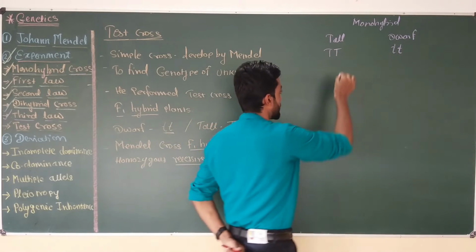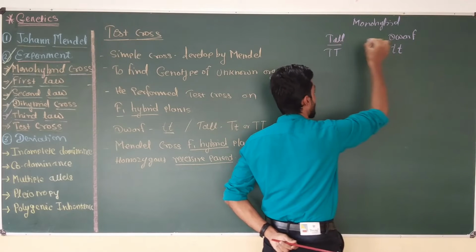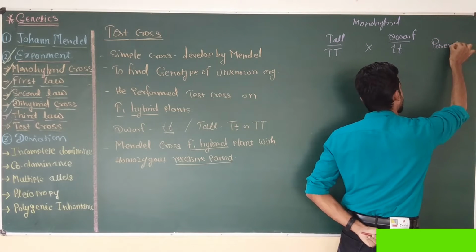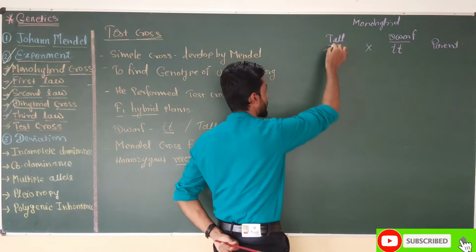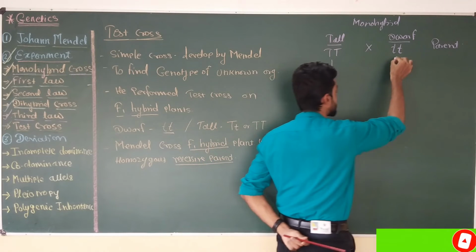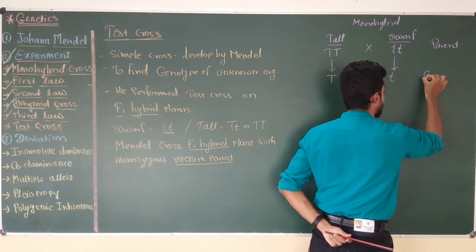Okay, and then Mendel performed artificial cross between these two tall and dwarf plants. It is the parent generation. We know that the pure tall plant produces gamete capital T, and this dwarf plant is going to produce gamete small t. So these are the gametes.